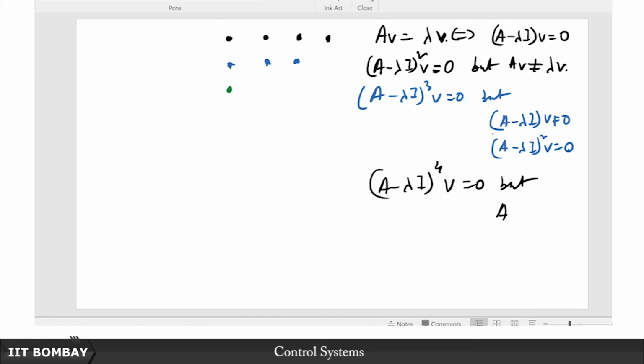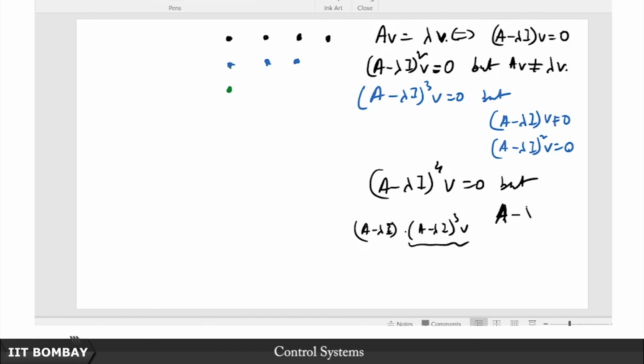Of course, those vectors which satisfied the earlier equation will obviously satisfy this equation, because this is nothing but (A minus lambda I) times (A minus lambda I) cubed V. So whatever V satisfied the earlier equation, by default it will satisfy this later equation, but we are not interested in those solutions. We are interested in something that is coming up new, apart from what we have already obtained in the previous stage.